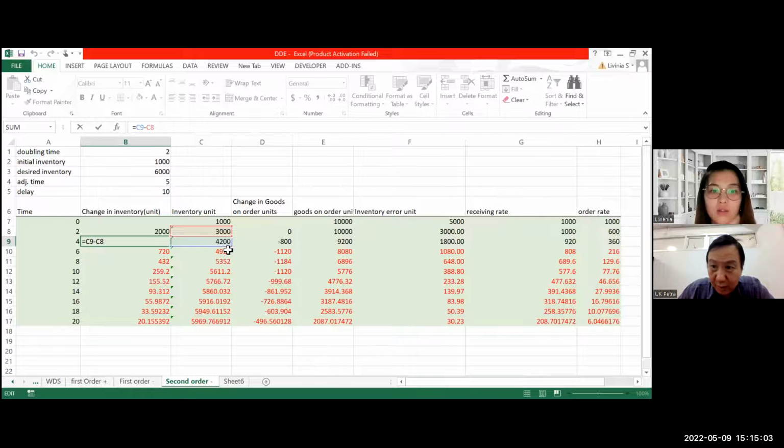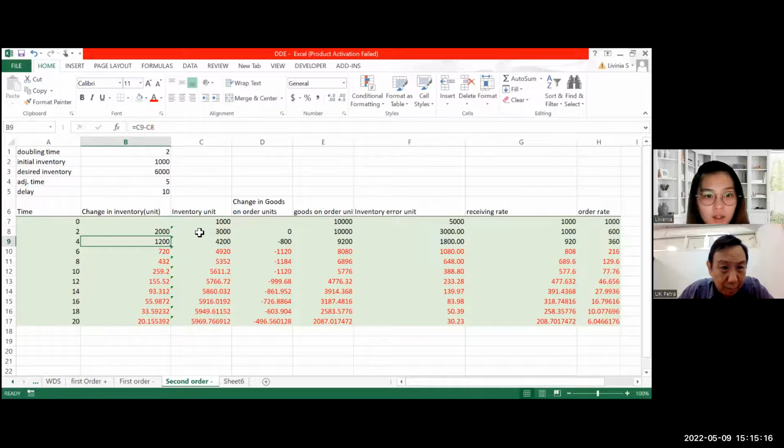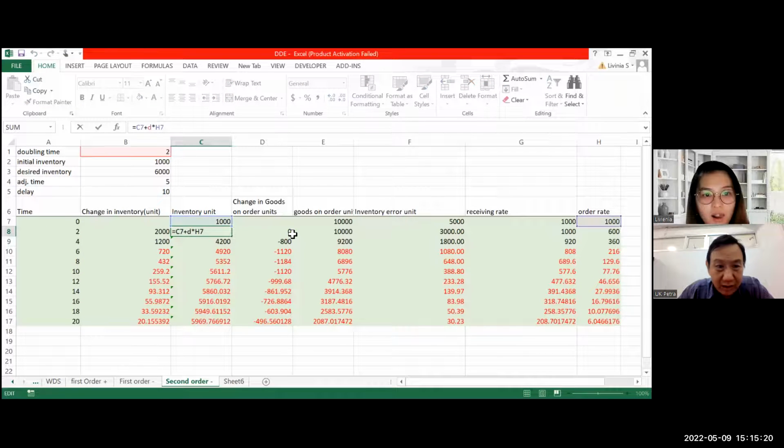The inventory is desired inventory minus, correct? Oh, wait. What is the inventory? Oh, that one is different. The inventory error.